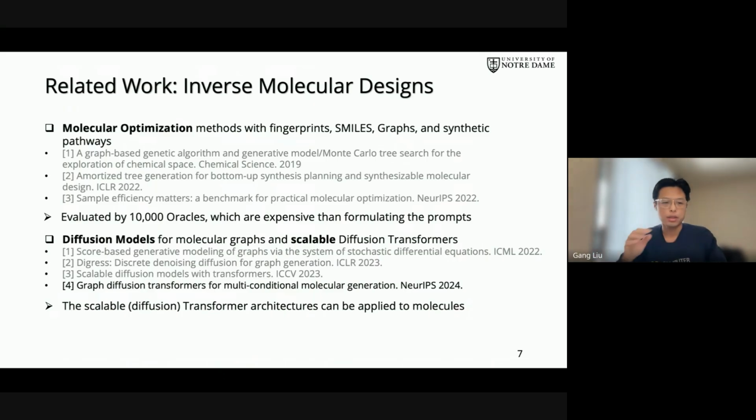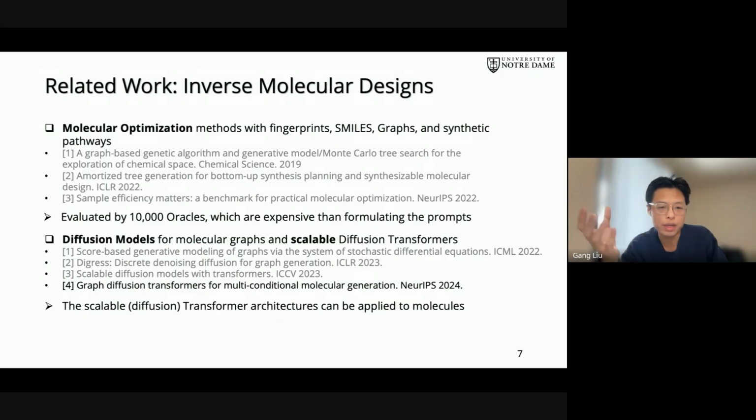But usually in molecular optimization methods, you need to call the oracle functions. A typical setting is that all these methods are evaluated with 10,000 oracle calls. It's pretty expensive actually, and it may not always be feasible if you focus on tasks that require experiments, and it's also much more expensive than just prompting the models.